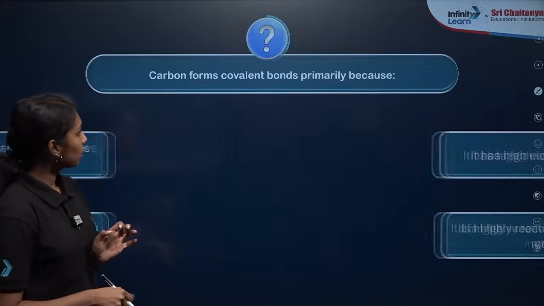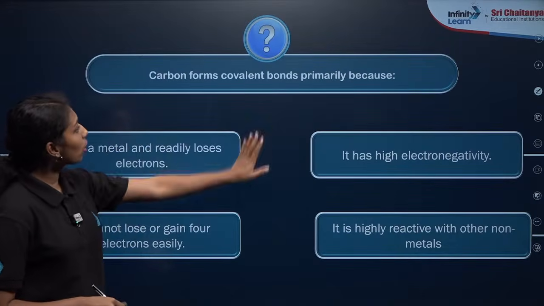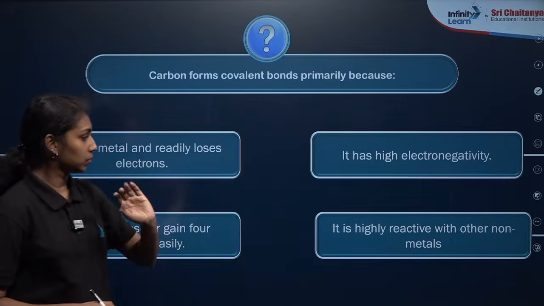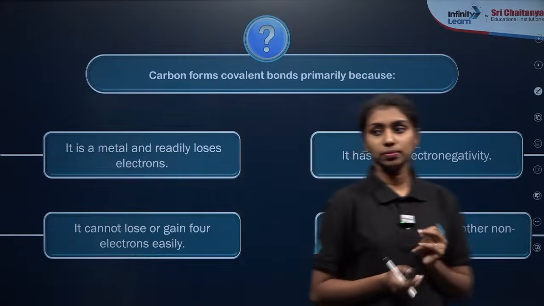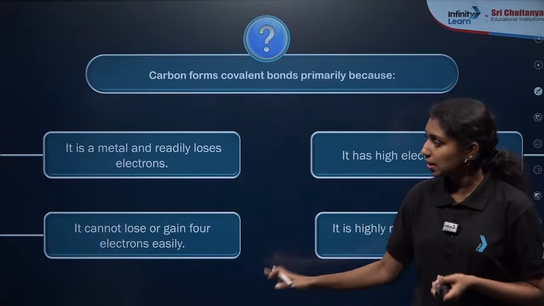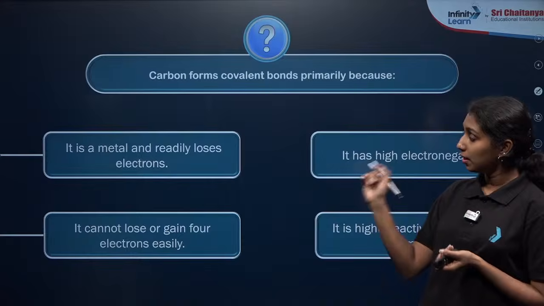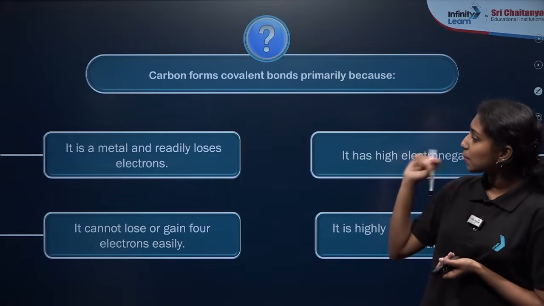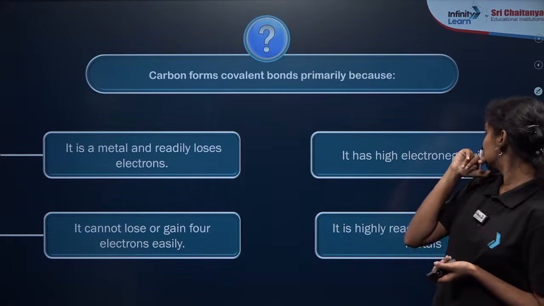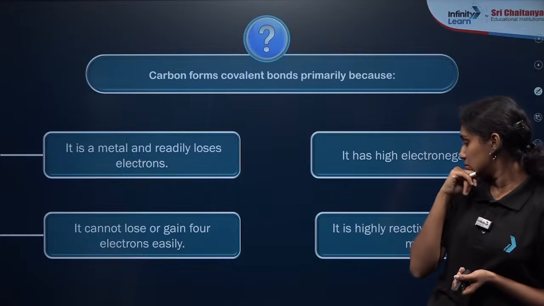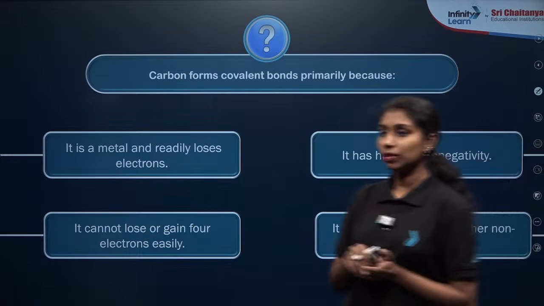Then the next question: the carbon forms covalent bonds primarily because. This is the first part we discussed in this class, about the versatile nature of carbon, right? What will be the answer?